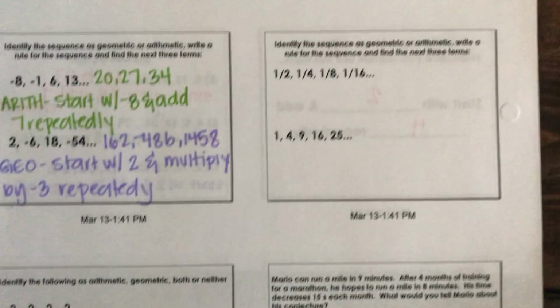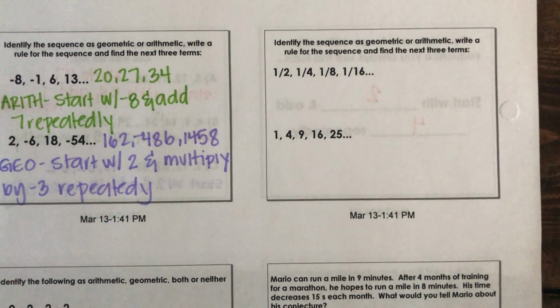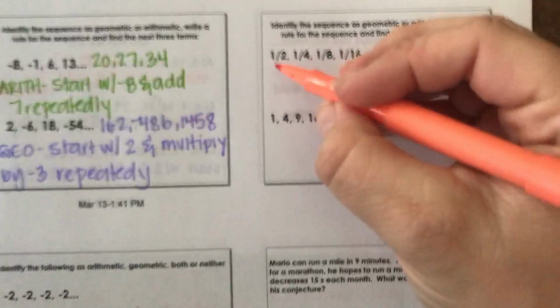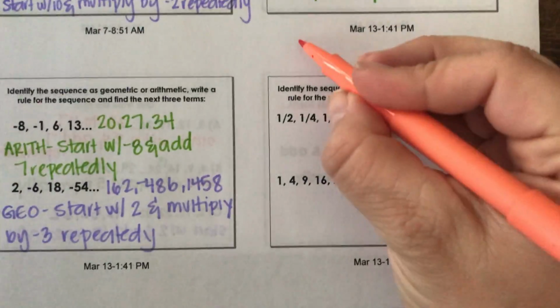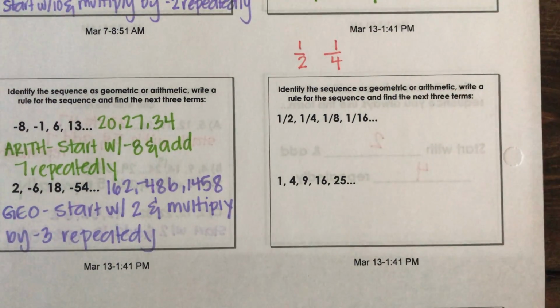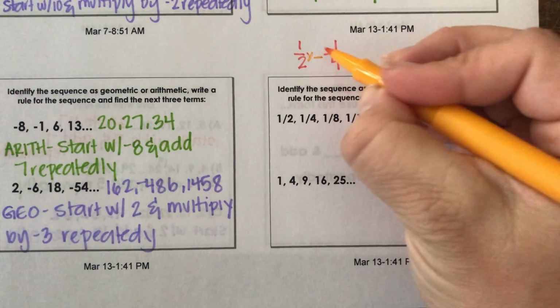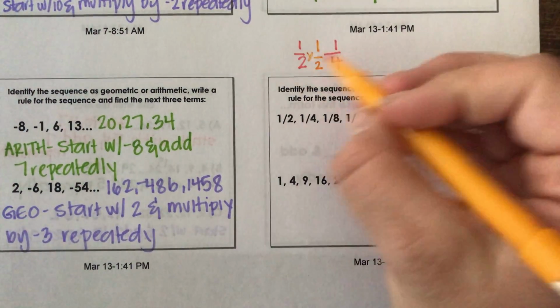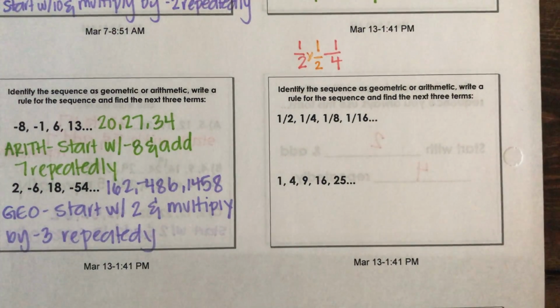Okay, the next one, we have 1/2, 1/4, 1/8, 1/16. We're not adding anything the same. We're multiplying by a half, right? So look up here. If I have a half and it's going to a fourth, and I'm trying to figure out what I am multiplying by, 1 times 1 makes 1. 2 times 2 makes 4. So I'm multiplying by a half.